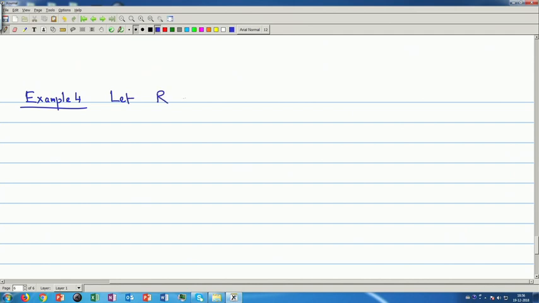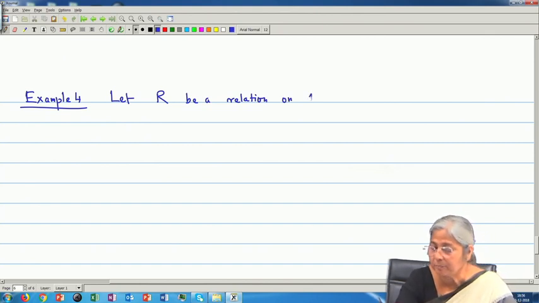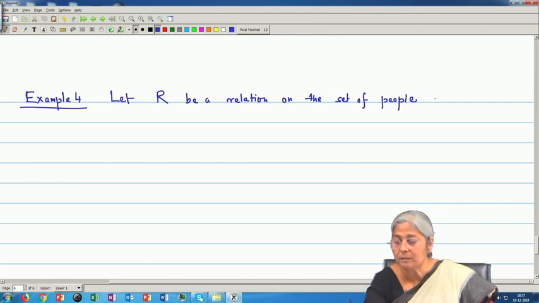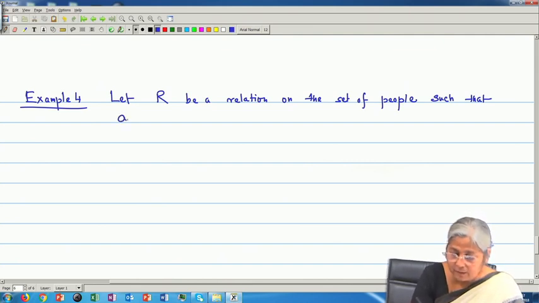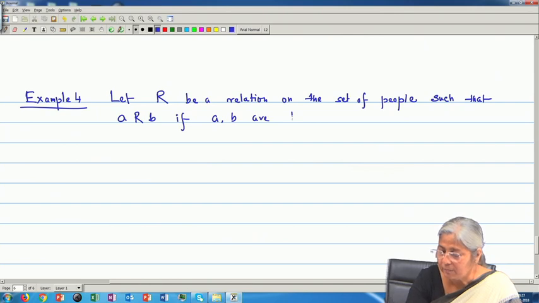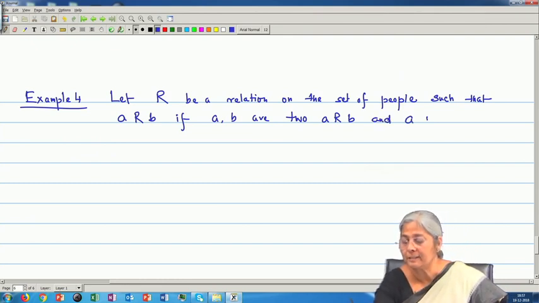Let R be a relation on the set of people such that A R B if A and B are two people and A is older than B. This is the relation.